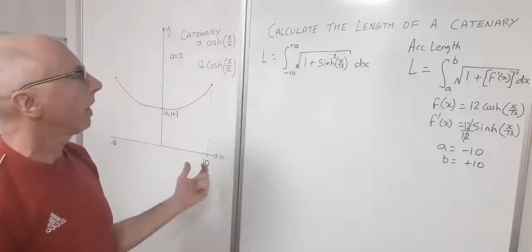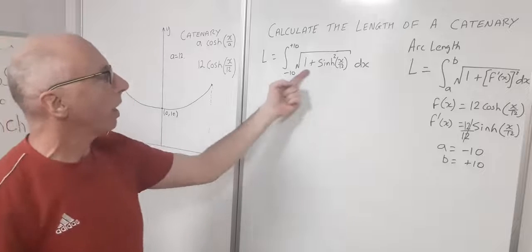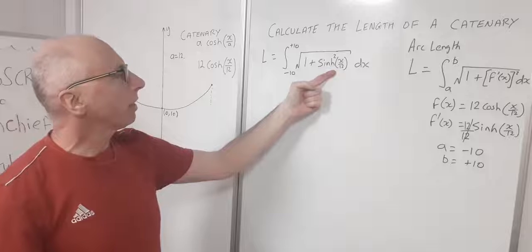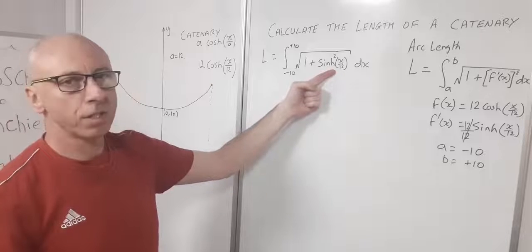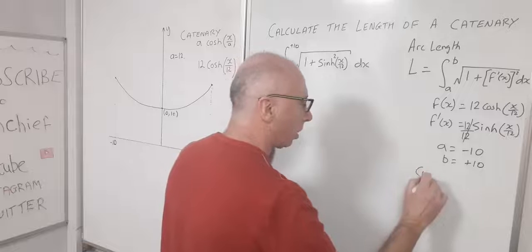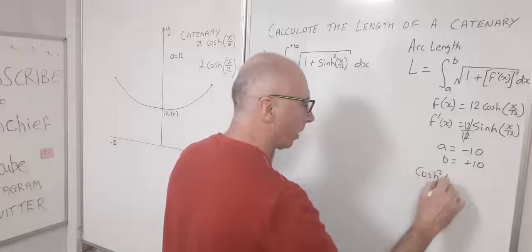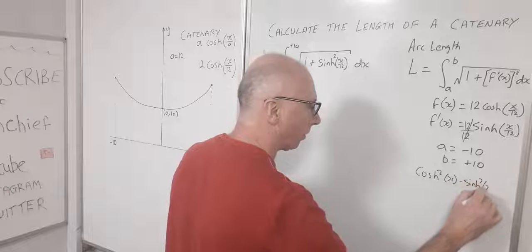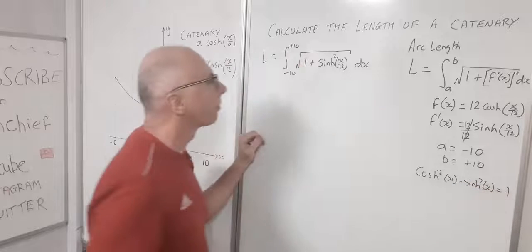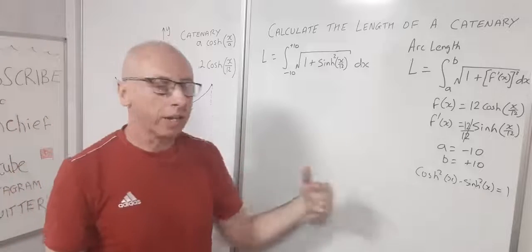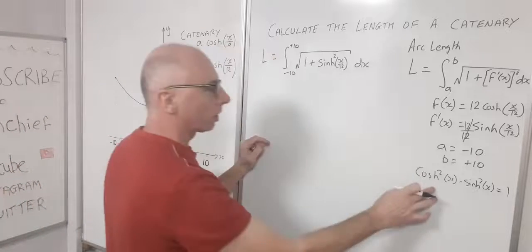Okay, right, let's integrate this. So we've got the square root term there, 1 plus sinh squared. Now there's an identity for cosh and sinh which we can use. We know that cosh squared of x minus sinh squared of x equals 1. So therefore 1 plus sinh squared of x equals cosh squared of x.